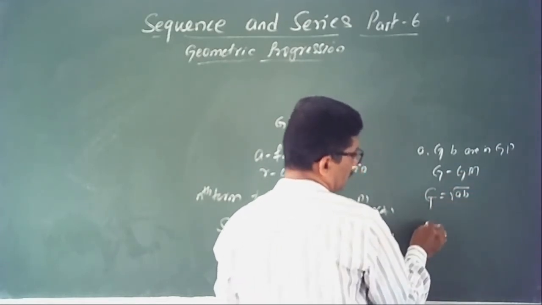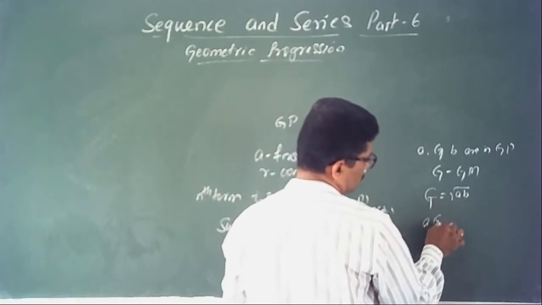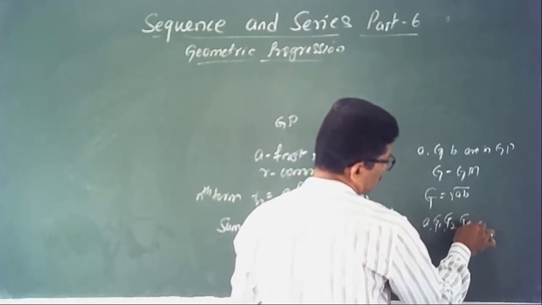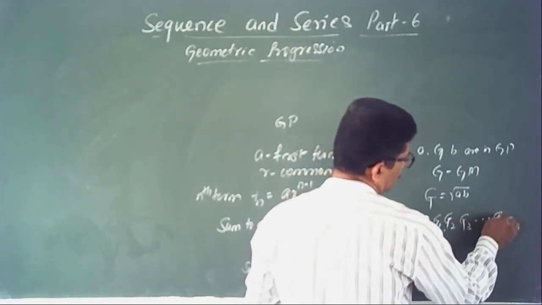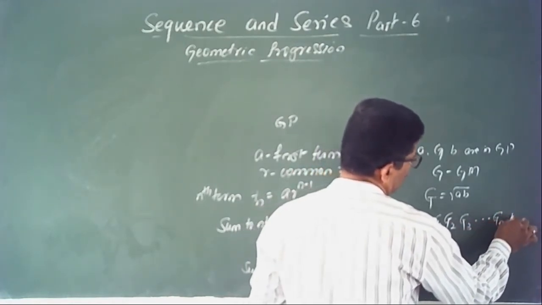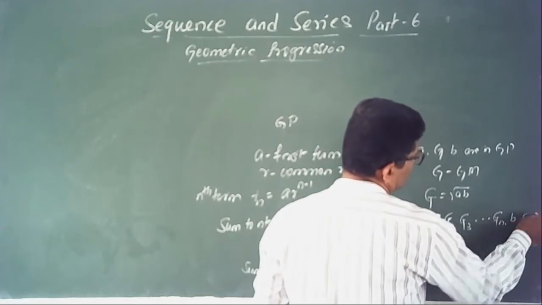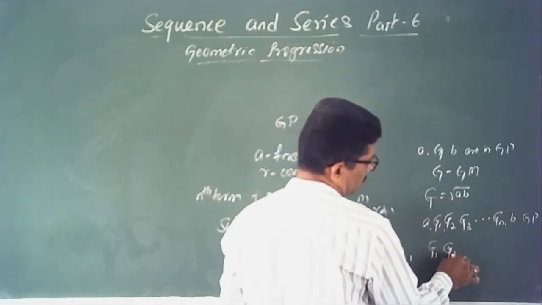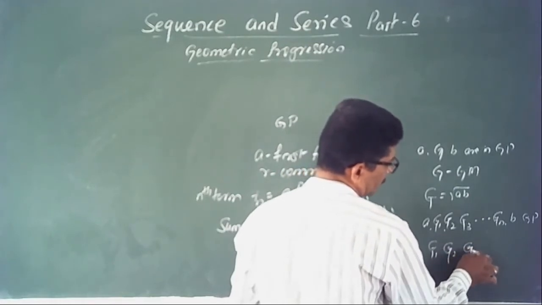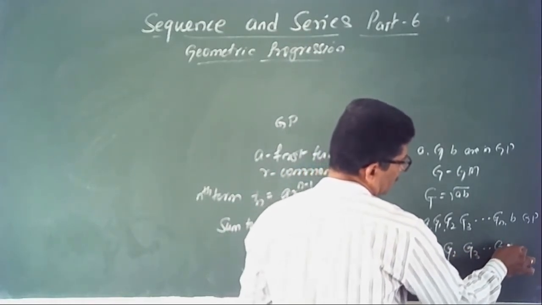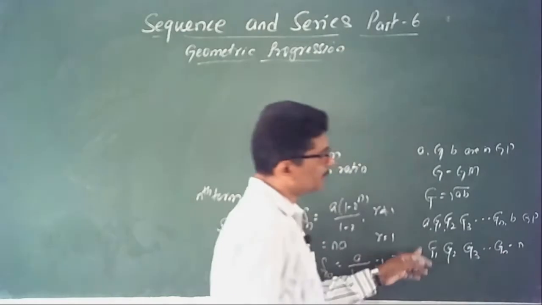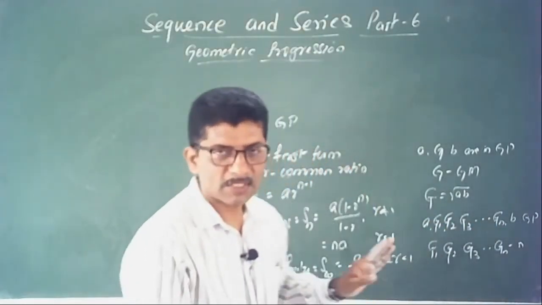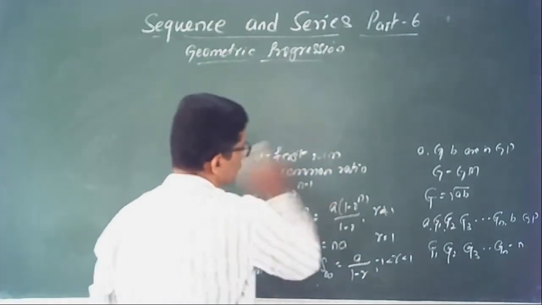Similarly, if a, g1, g2, g3, ..., gn and b are in GP, then g1, g2, g3, ..., gn are the n geometric means between a and b. We discussed all of these in the previous video.